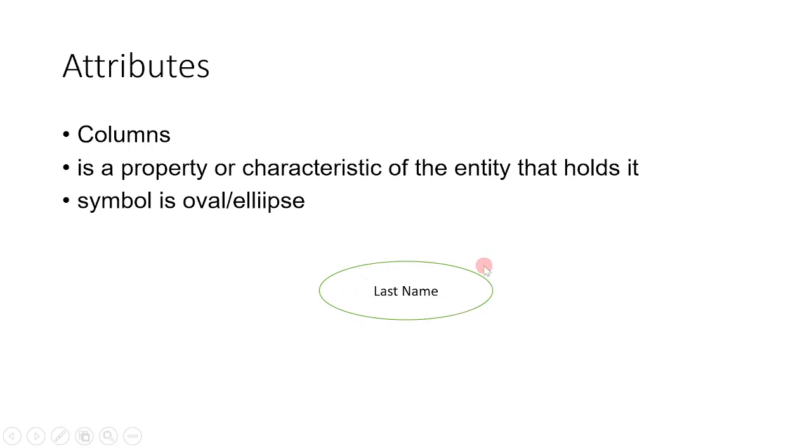For the entity student, we have an attribute named last name. So it is an oval with the last name, and this should be connected to our entity, although I'm going to show you that in a later slide. Again, entity is for the tables, then attributes are for our columns.